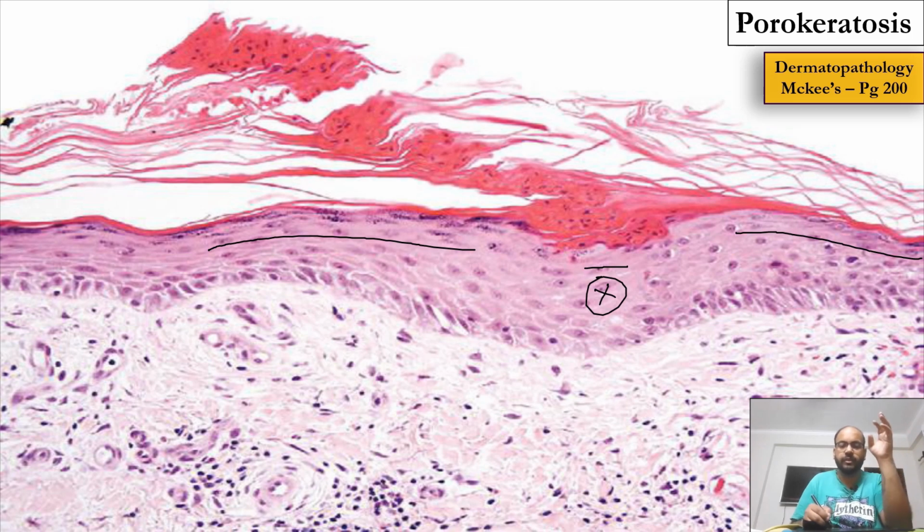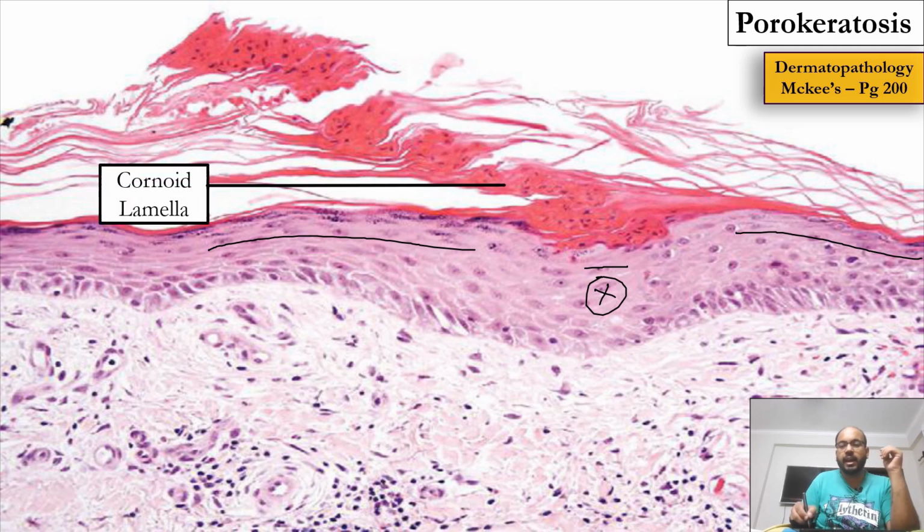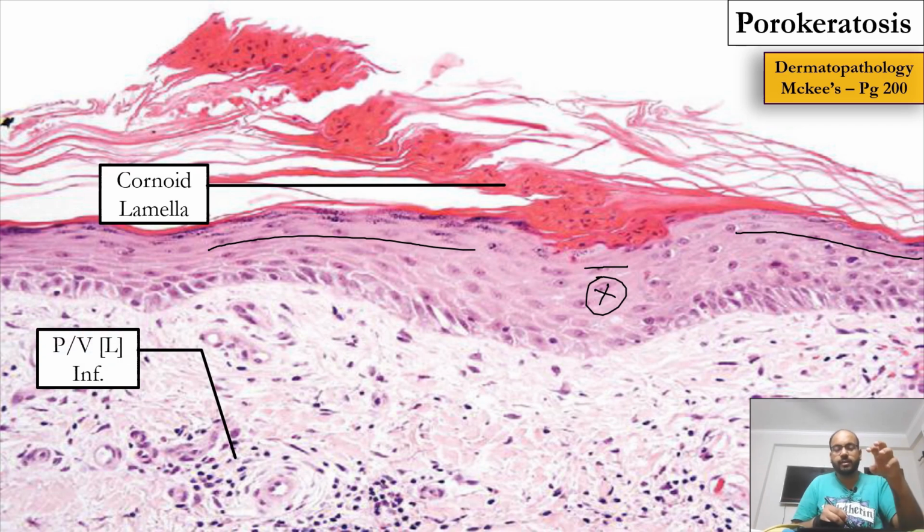That's what I wanted to show. A very clear picture of cornoid lamella. Additionally, you can have a lichenoid tissue reaction, not a lichenoid tissue reaction per se, but you have perivascular lichenoid infiltrate just in the upper dermis. So this is a vessel, this here is a vessel, and here you have the lymphocytes. So you have lichenoid or lymphocytic infiltrate around the vessels. Let's move forward.